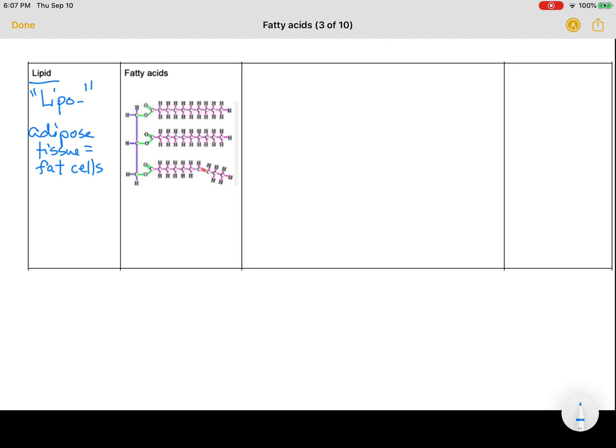So they are for long-term energy, so they're not going to be metabolized so quickly like carbs. So they actually contain more energy within them. So that means more joules or more calories if we look at food energy.